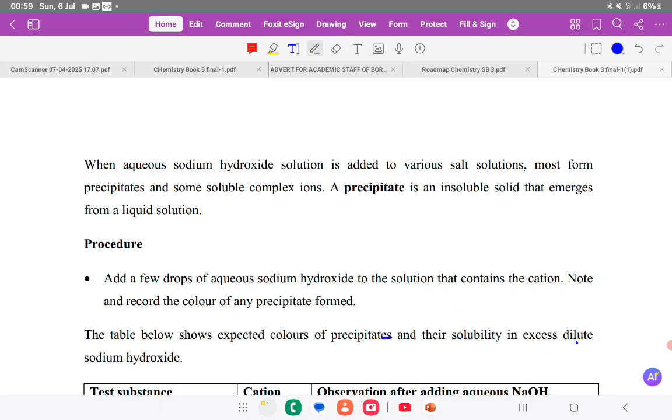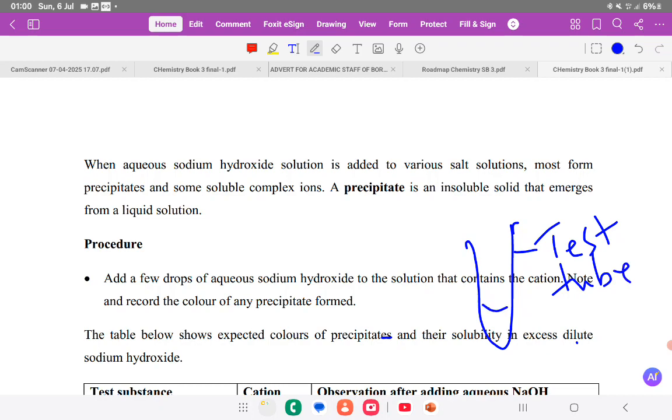So let's say you have the test tube. This test tube contains the solution which you suspect to contain a cation. So this is just a solution. We are saying to this, you add a few drops, using a dropper.